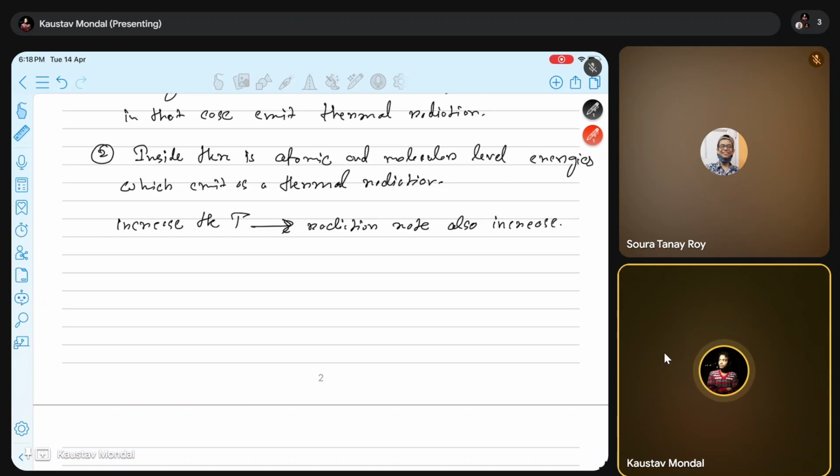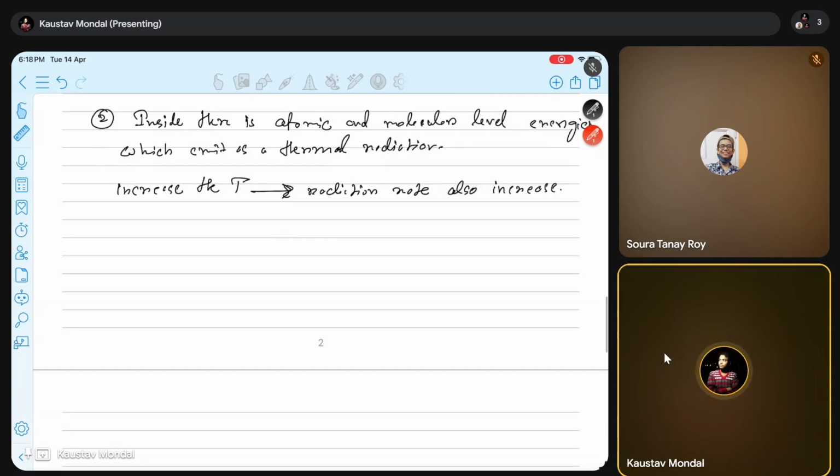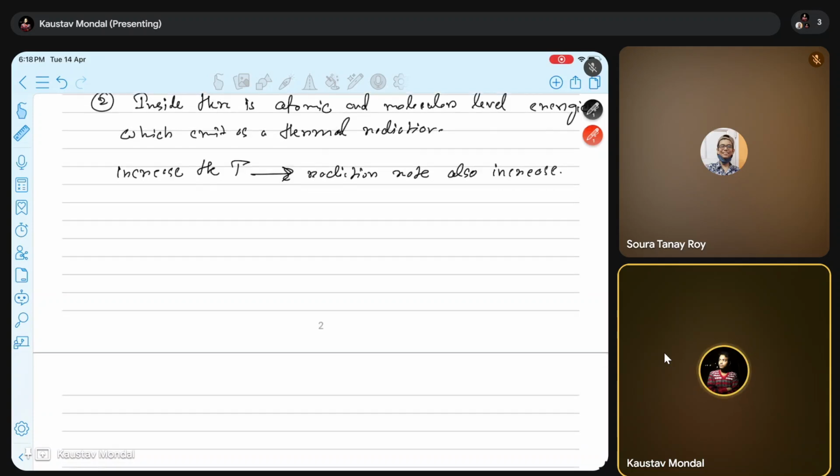This radiation is basically emitted as an electromagnetic wave. In the course of electromagnetism, you will get a very good idea about this radiation, but for right now we'll only study the thermodynamic property.